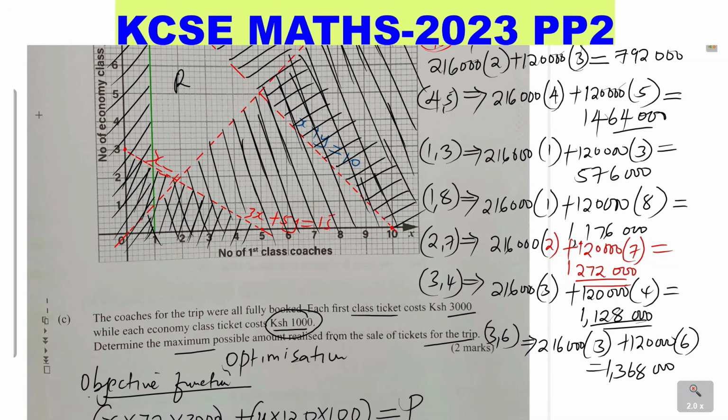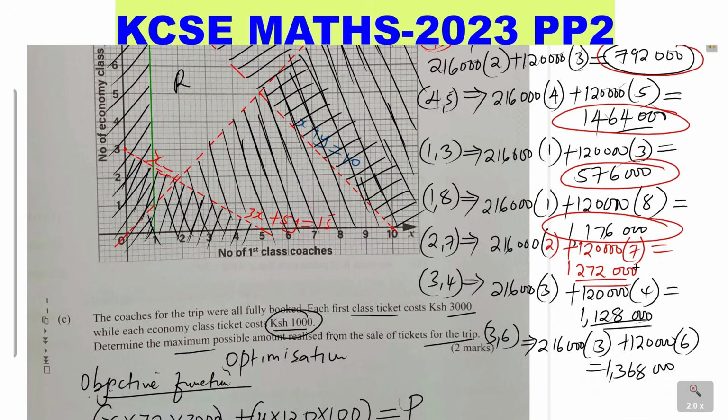Now, all these points are enough. We need to consider all these amounts: we got 792,000, 576,000, 1,176,000, and the others. For all these amounts, we require the one that will give the maximum possible amount. So which one is giving the highest amount?